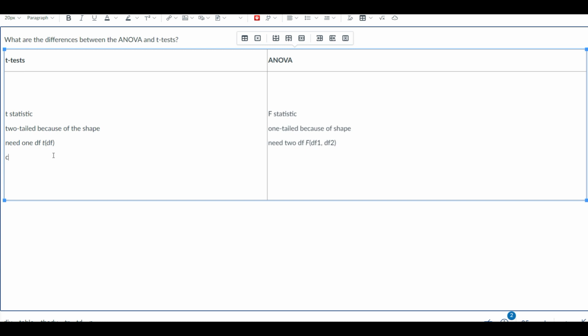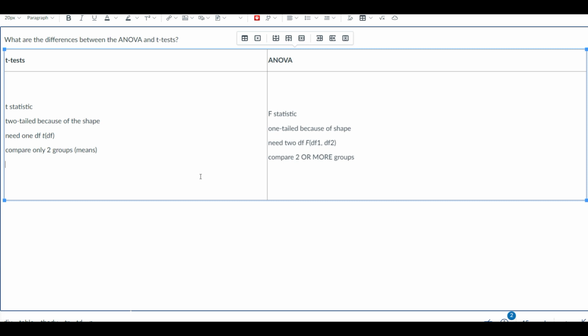With t, we can compare only 2 groups or 2 means. With ANOVA, we have the ability to compare 2 or more groups. And with a t-test, since we are only comparing 2 groups, if we get a significant difference, we know that the difference is between those 2 groups.